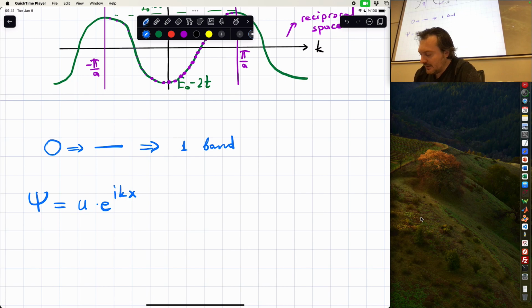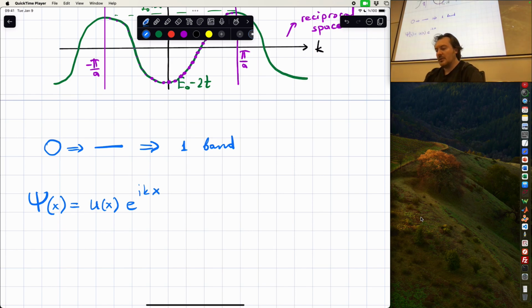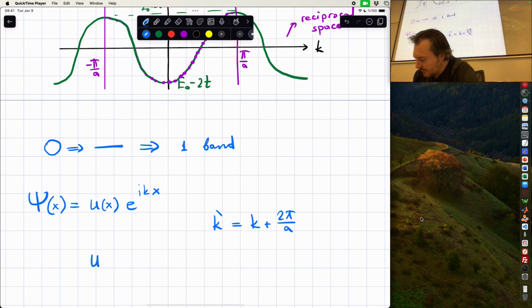So you are writing phi of x as u of x e to the ikx, right? What if I take k to k prime, which is k plus 2 pi over a? What happens then? Okay, let's write it down. So I'm writing down right now u of x times e to the i times k plus 2 pi over a times x.